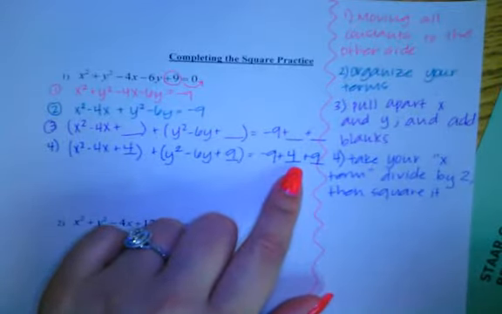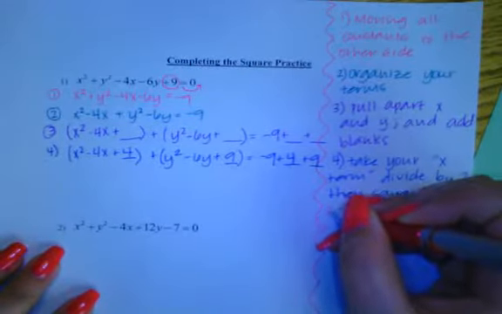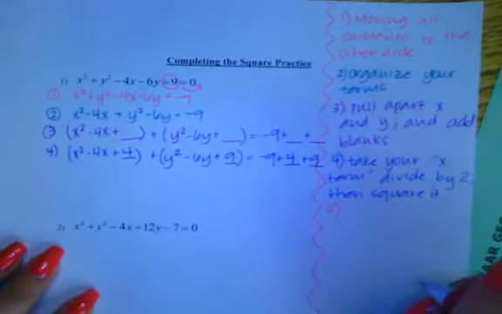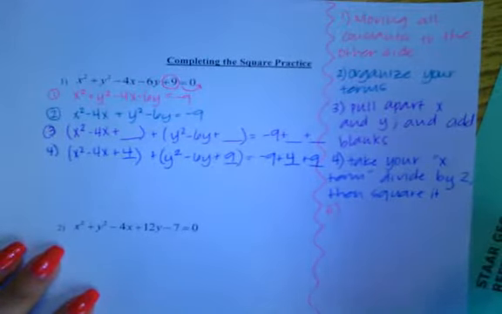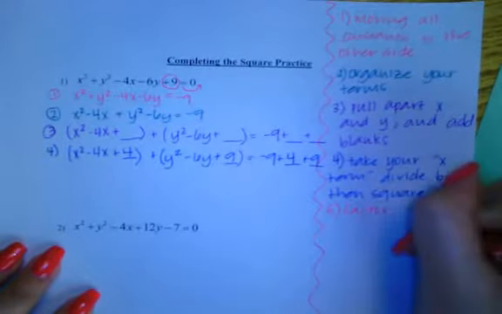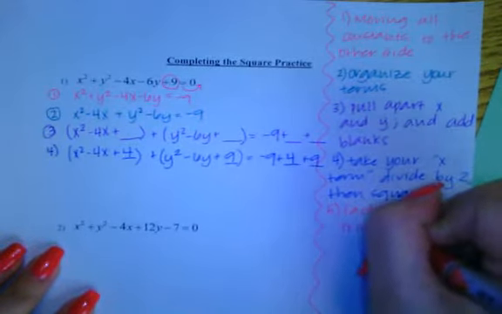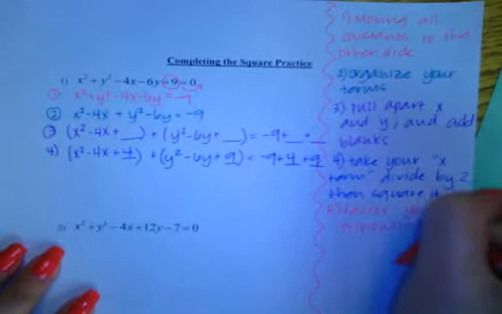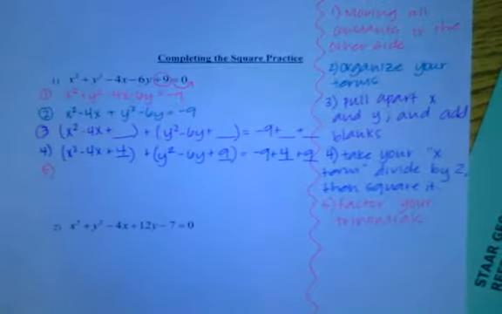Okay, step number 5. 3 and 4. That sound good? You need to factor your trinomials. x squared minus 4x plus 4. You need to factor that.